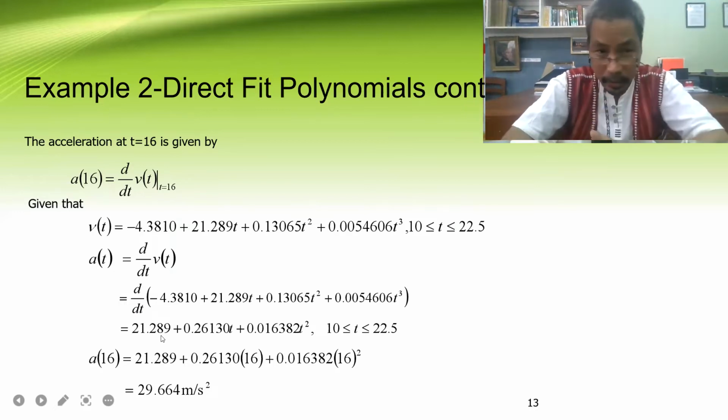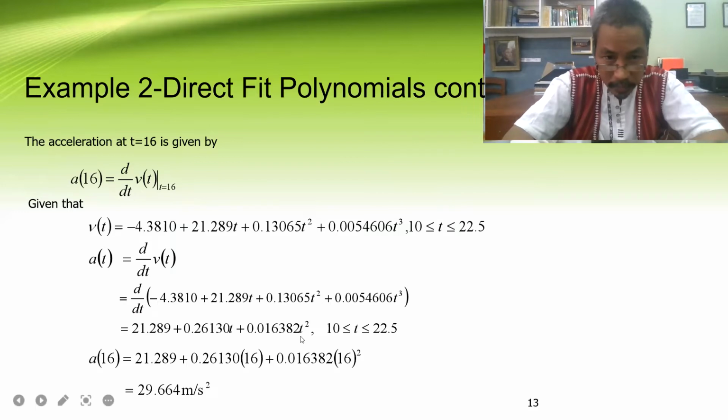It's a simple matter to take the derivative of this. So we'll have 21.289 plus 0.2613 t plus 0.016382 t squared, valid between 10 and 22.5.